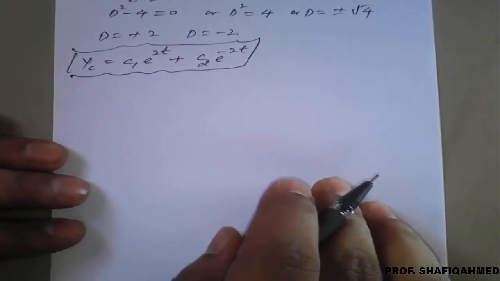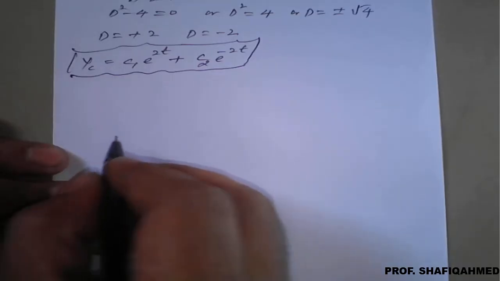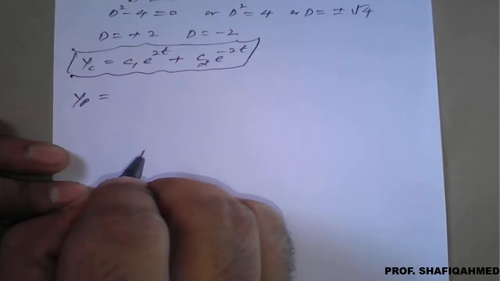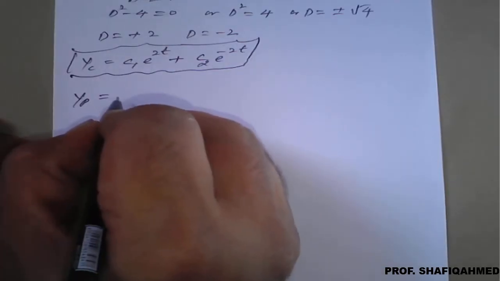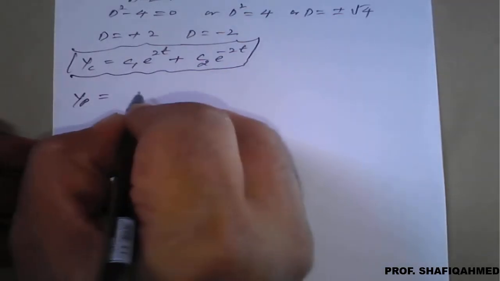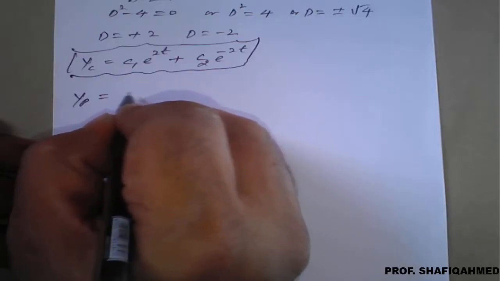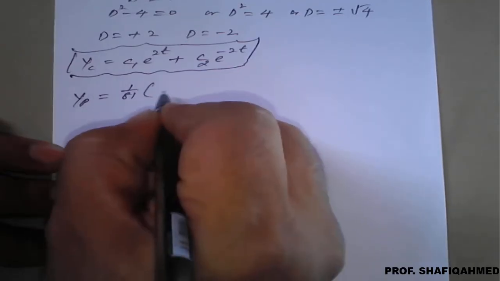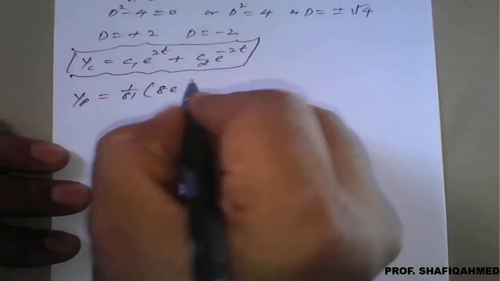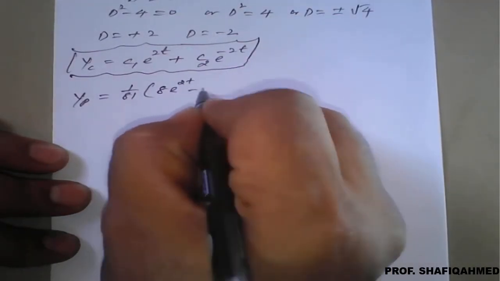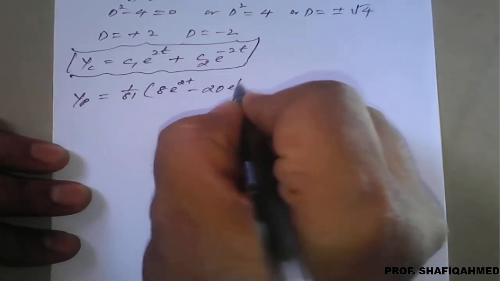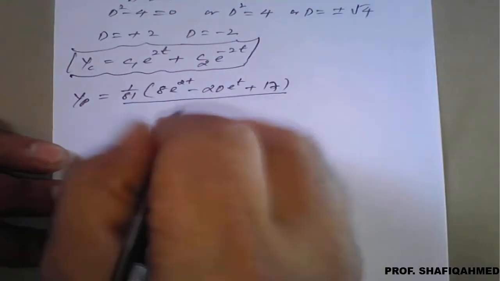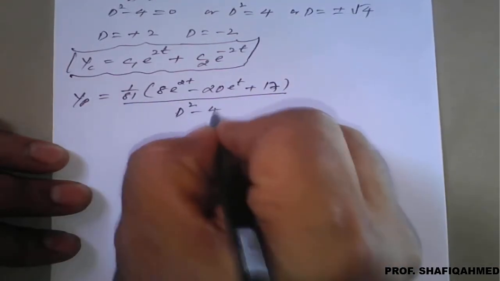Now go for yp. So yp is nothing but the right hand side. What do we have on the right hand side? 1 upon 81 of 8 e raised to 2t minus 20 e raised to t plus 17 whole divided by the auxiliary equation d square minus 4.